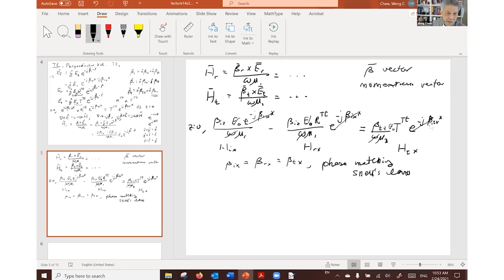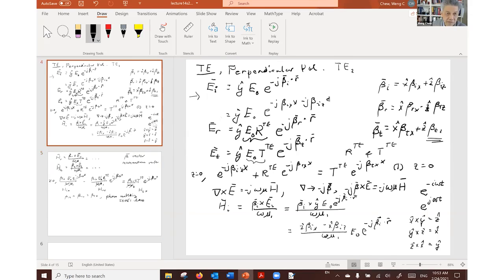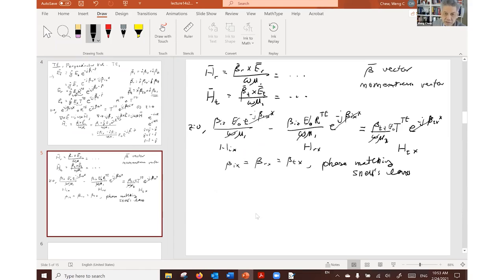Okay, so if you look at your equations that you have now, the first equation, you can also cancel the phase out because they are now the same phase. Okay, and then what you have is actually two simplified equations. The first equation gives you, from the previous slide over here, 1 plus R_TE is equal to T_TE.